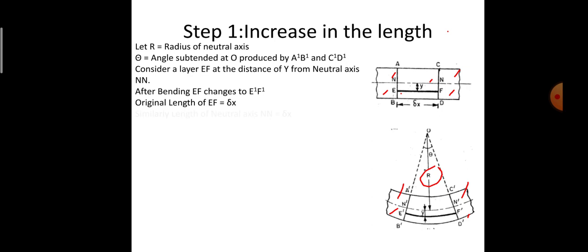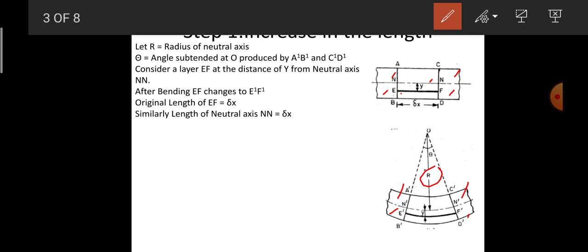Also consider the length of the neutral layer. Since EF is equal to delta x, NN is also equal to delta x, because NN is equal to EF at the initial stage.